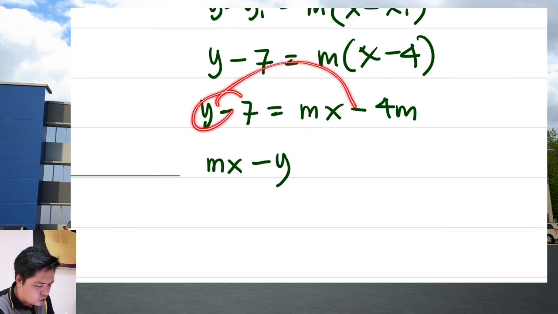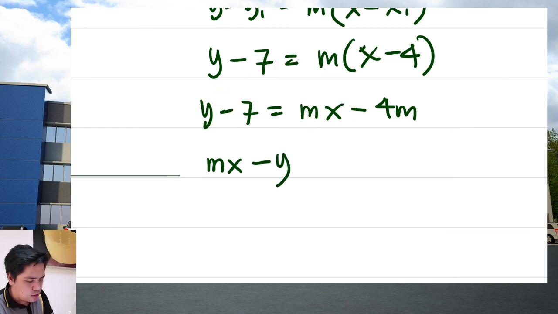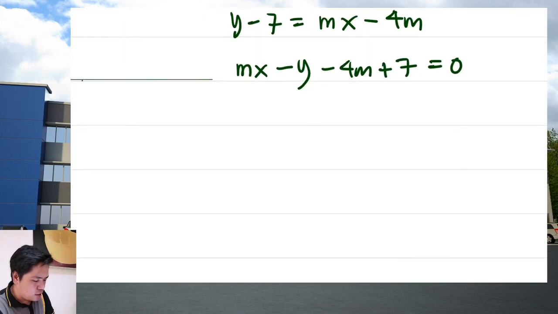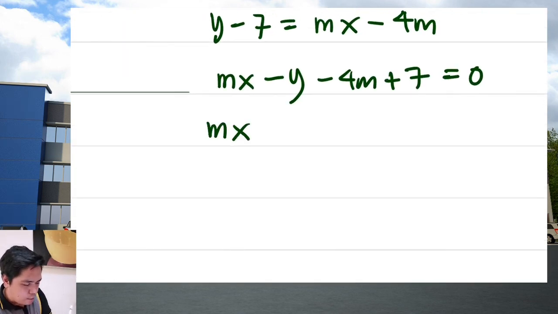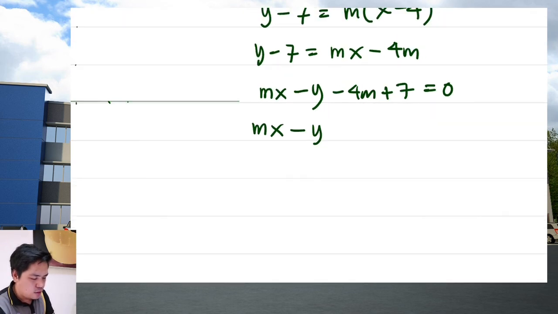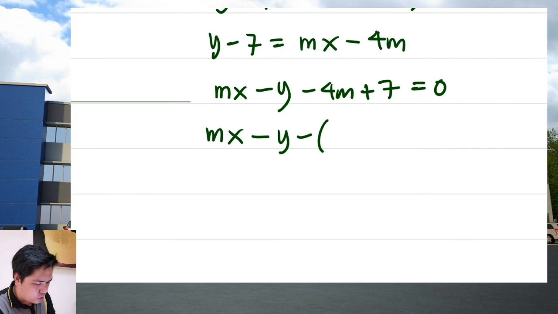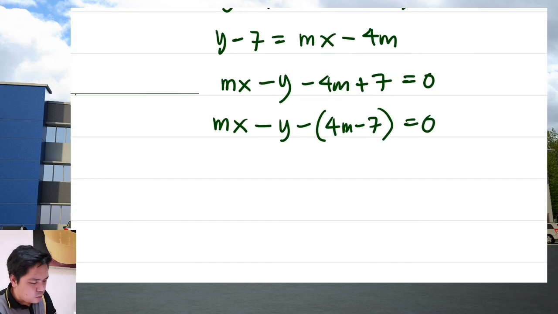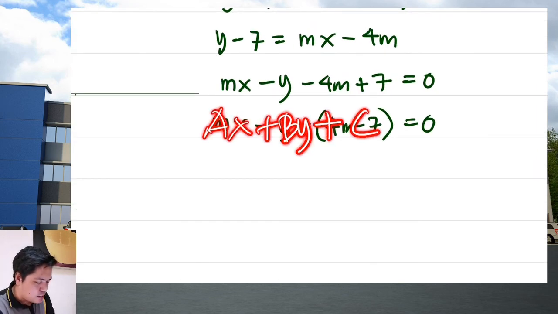I transpose this to the other side, then transform this also, so that would be negative 4m plus 7 equal to 0. How about if I rewrite this as negative times the quantity 4m minus 7? So, that's it, it's now in general form, ax plus by plus c equals 0.